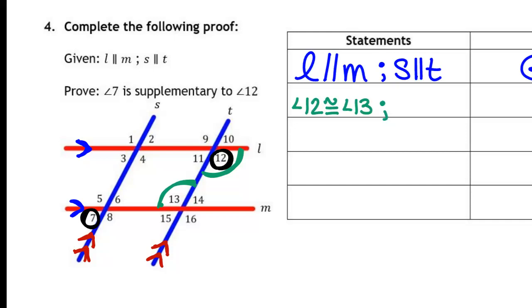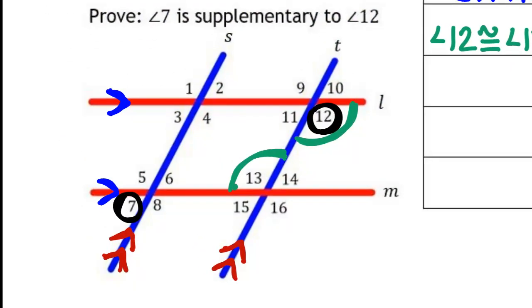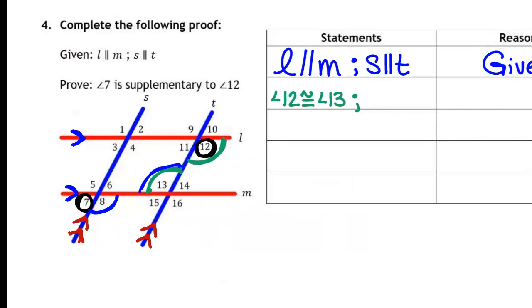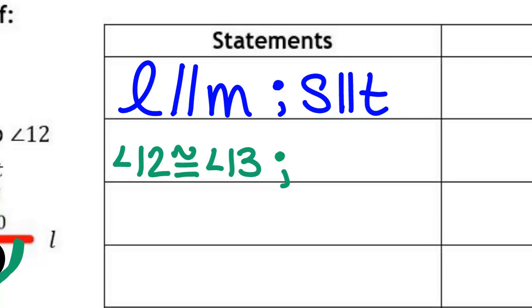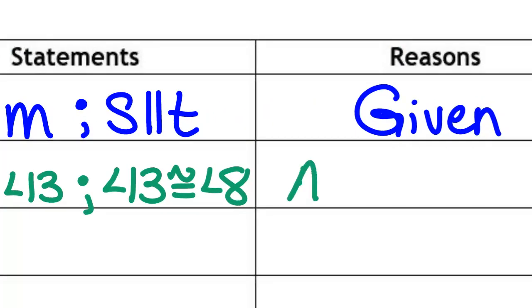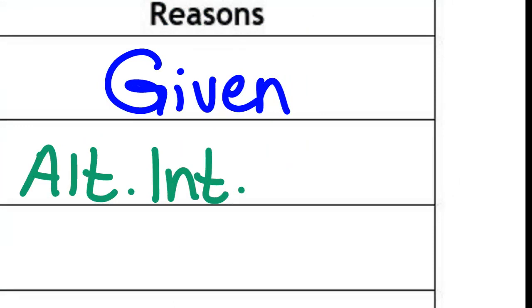But wait, 13 and 8 are also what kind of a pair? 13 and 8 are also alternate interior angles. So angle 13 is also congruent to angle 8 by the alternate interior angles theorem.